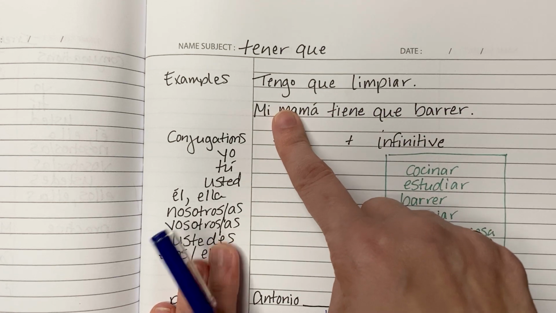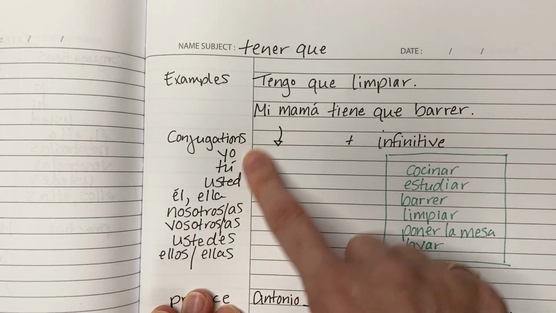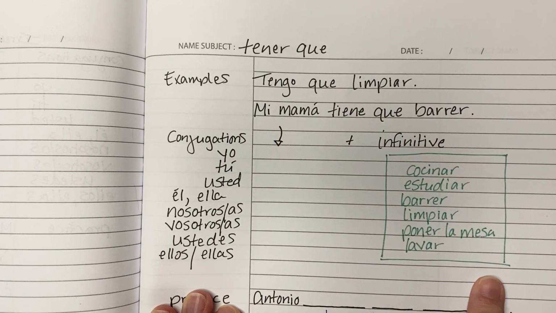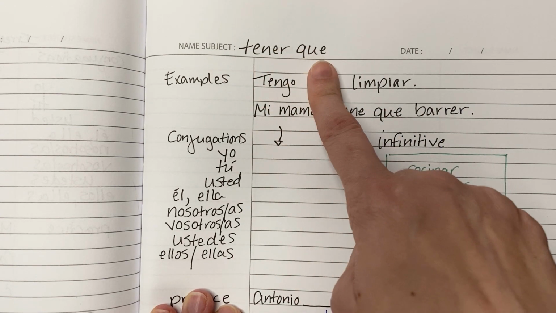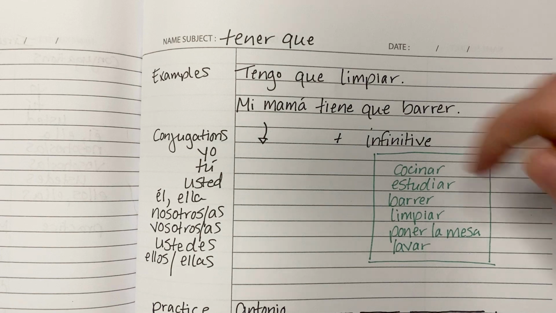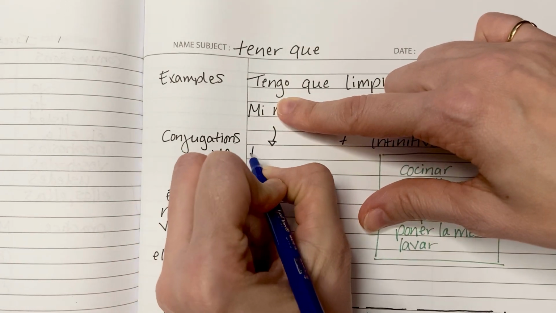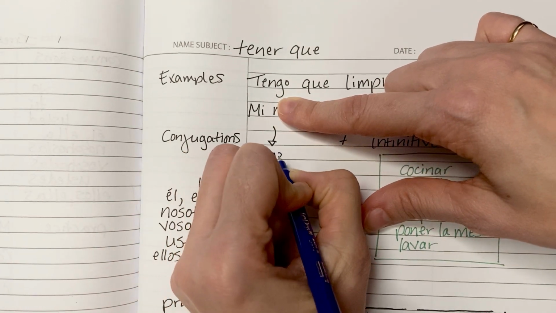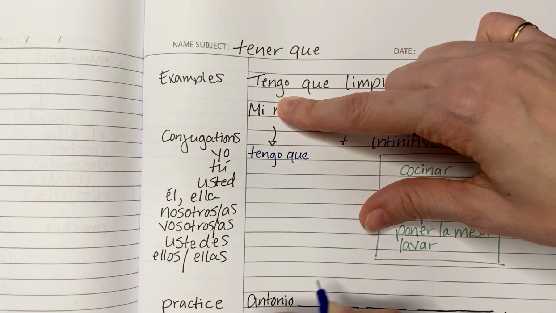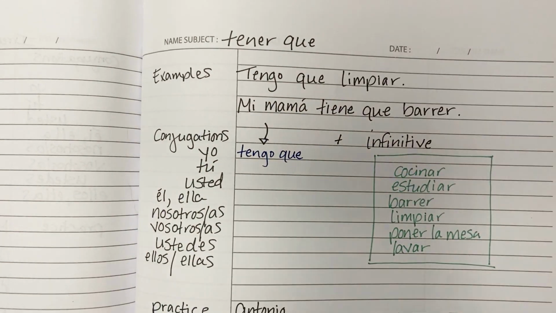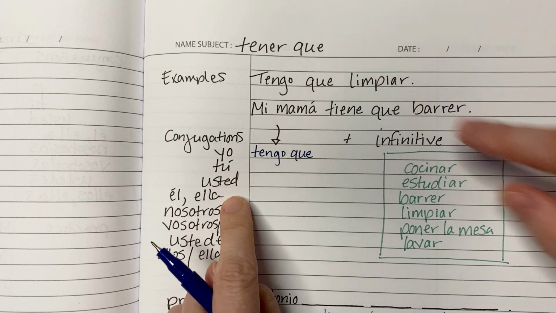Okay, so let's look at all of the forms and how you create phrases using a form of tener plus que. All right, so I have to, yo tengo que. You have to, we have the informal and the formal.